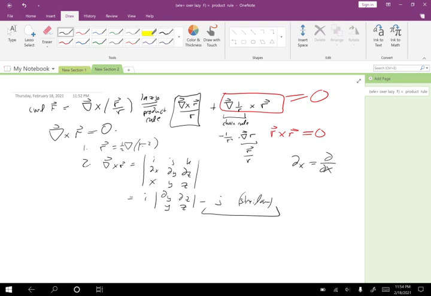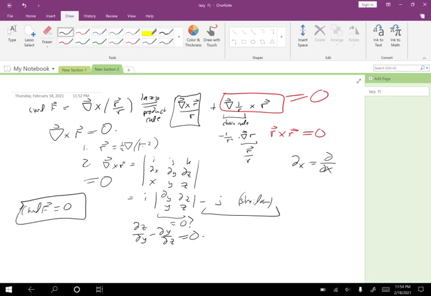I'm just going to show this one as 0. And this is easy, because this is just dz dy minus dy dz. That's clearly 0. So we get this as 0, therefore the curl of f is 0.